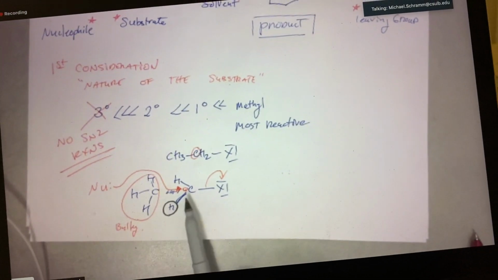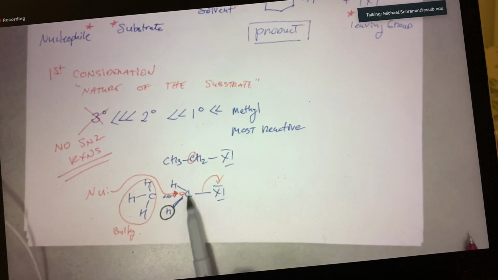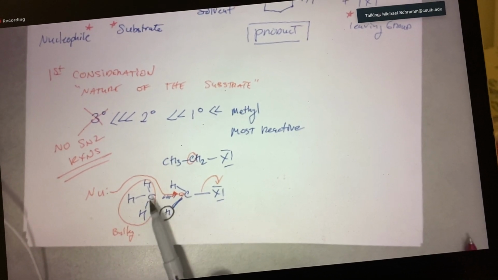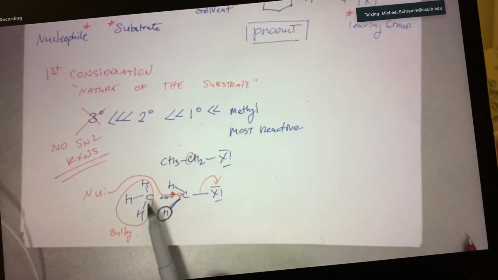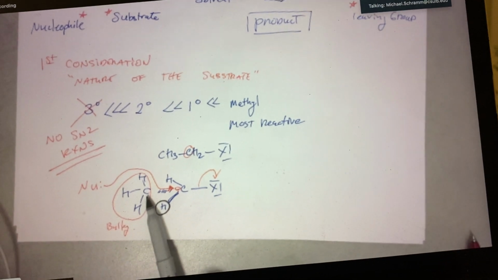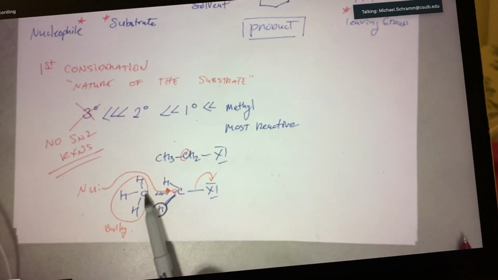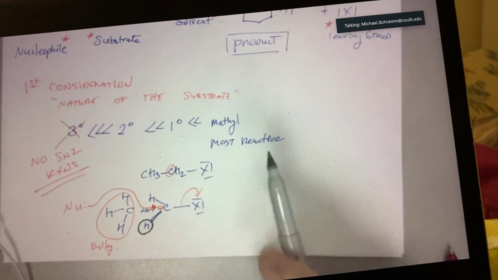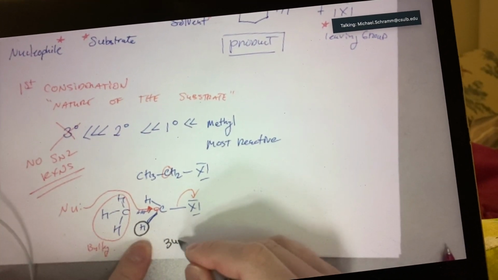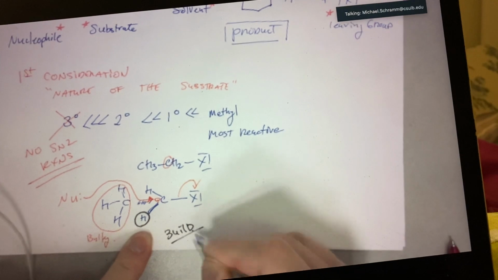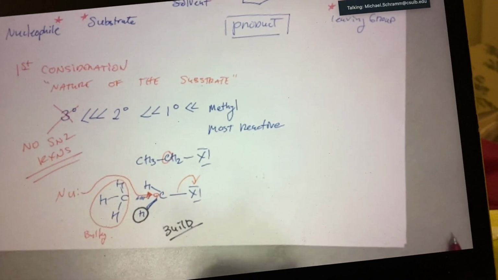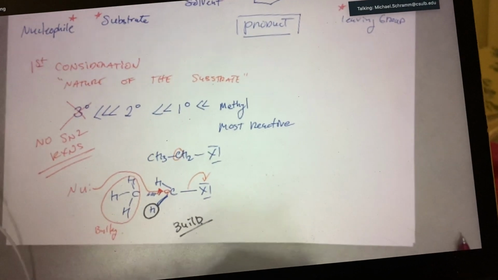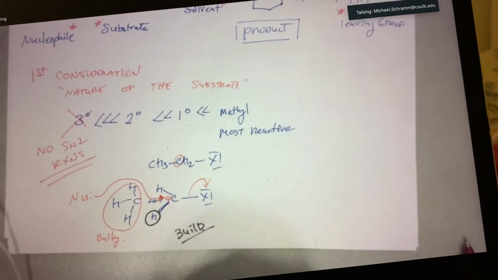On the other hand, if we actually made this a methyl substrate, right now it's primary, this carbon's attached to one carbon, but if we want to make a methyl substrate, we could subtract this group and put a hydrogen here, and then a nucleophile would much more easily find this. So again, this is something you could build with your model kit, see the effects of steric bulk and solidify this concept in your mind.